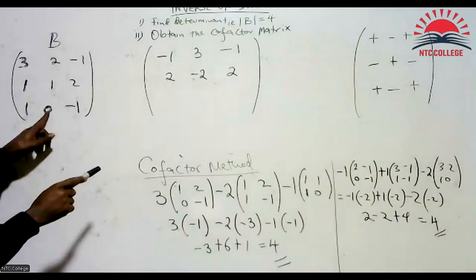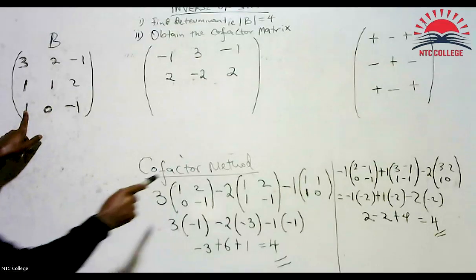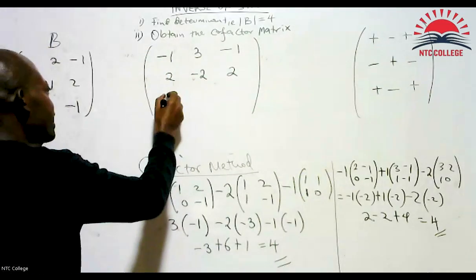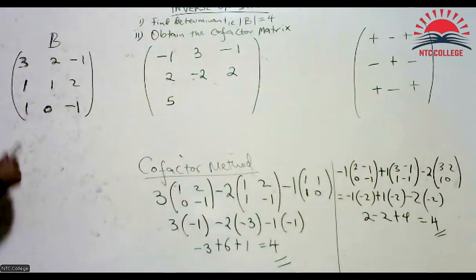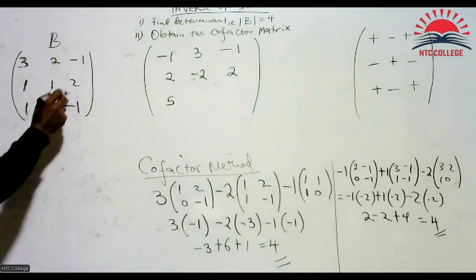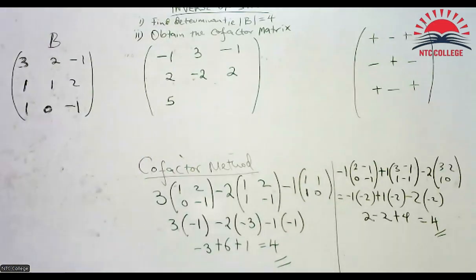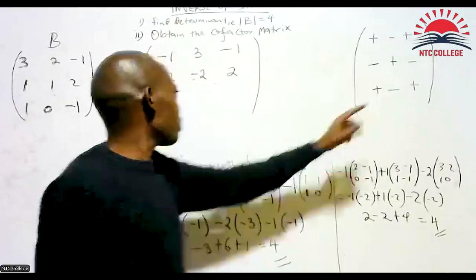And because the sign is plus, it remains 5. So here is 5. Let me repeat. Last row, the element is 1. When you ignore the column and the row, we are left with 2 times 2, 4. 4 minus -1 is +5. The sign is plus in the last row.